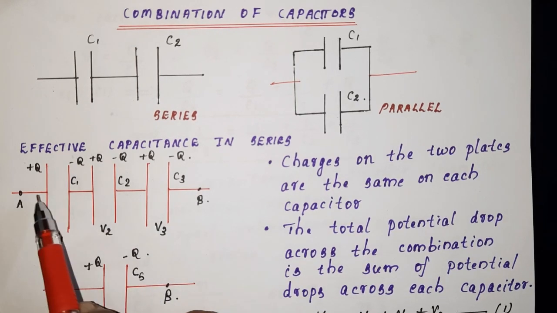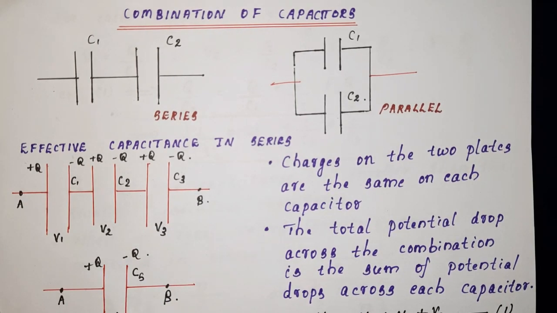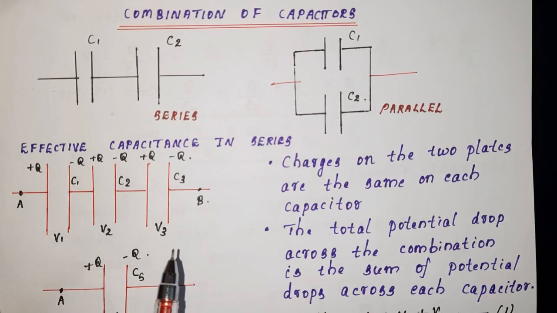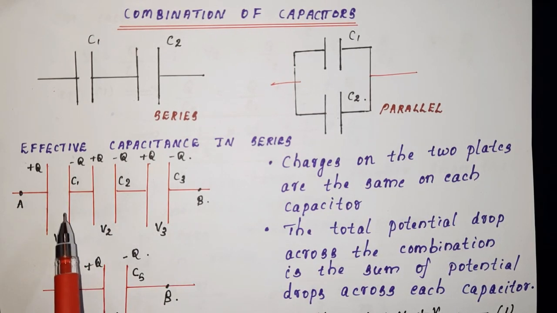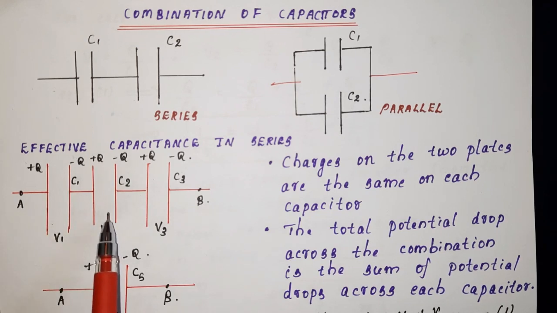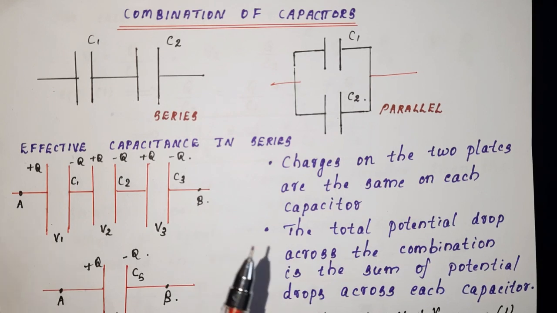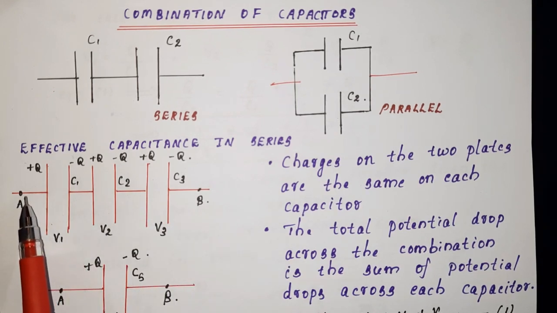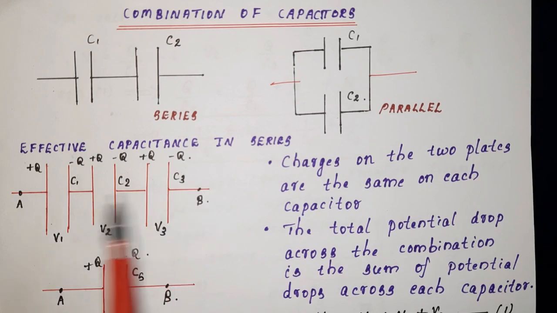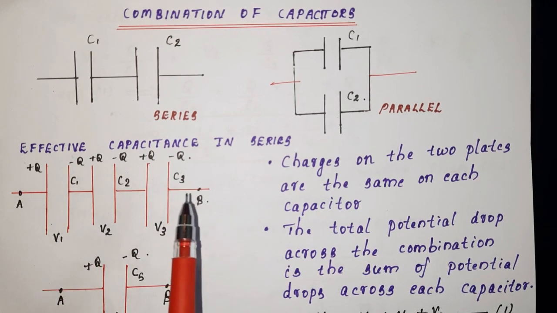Then the second point. We have connected the three capacitors between the two points A and B. Across each capacitor the potential difference we took as V1, V2 and V3. So what about the potential difference across the points A and B?